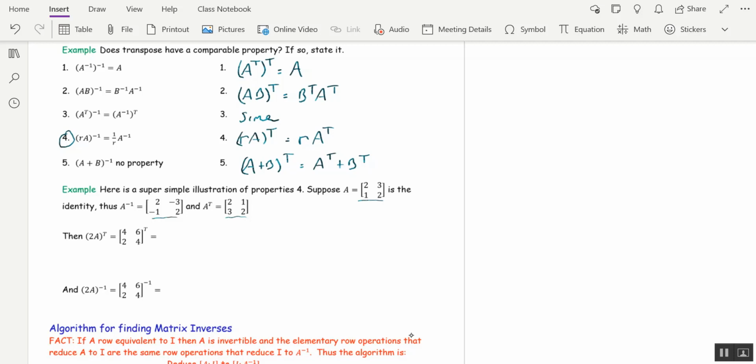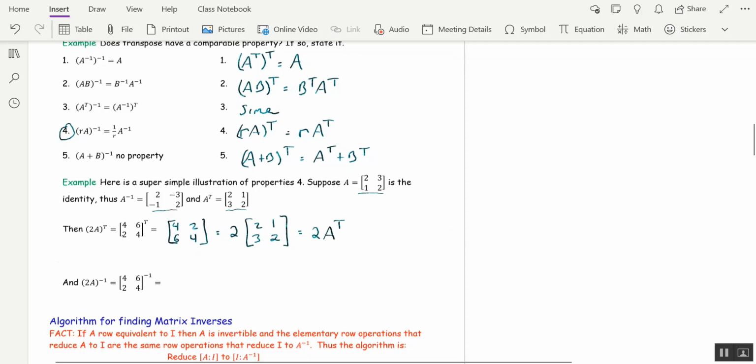Let's look at (2A) transpose. So I took the matrix A and I multiplied each entry by 2, and now I'm going to take the transpose. So 4, 6, the first row becomes the first column, and then 2, 4 becomes the second column. Now that's twice [2, 1; 3, 2], which is exactly twice A transpose.